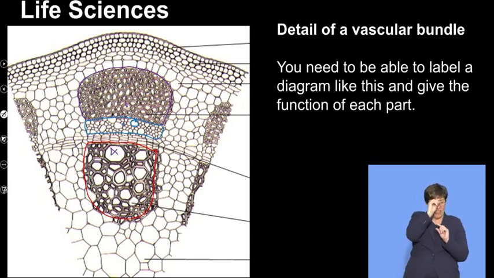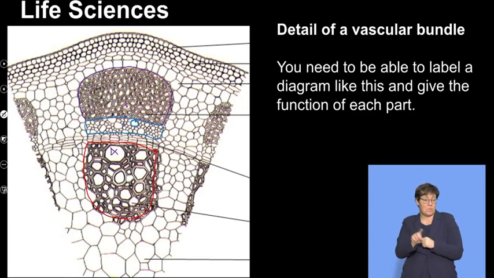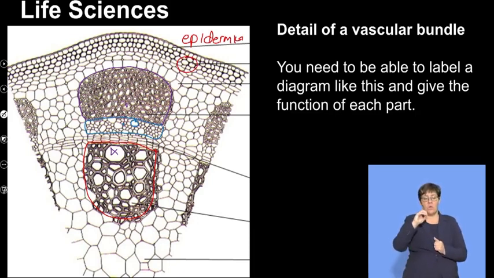Then we can also find the other parts of the stem, and this one shows very, very nicely. Here we have the epidermis, and this also shows very nicely the collenchyma with the thickened corners.